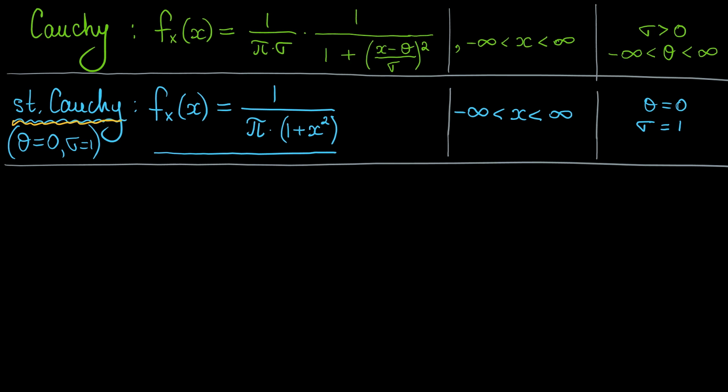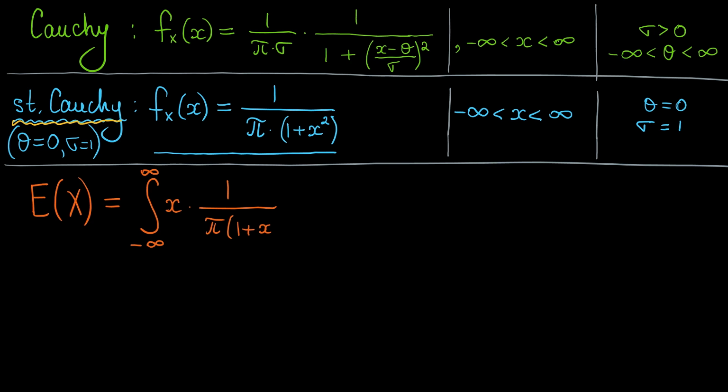Okay, then let's try to compute the expected value of the standard Cauchy random variable. So the expected value of this random variable will be, as always, we'll have to take the integral over its support, which is from negative infinity to infinity, of lowercase x times the PDF, which is 1 over pi times 1 plus x squared dx.